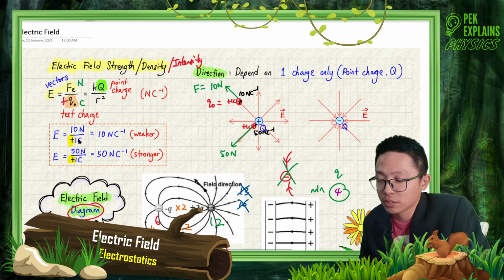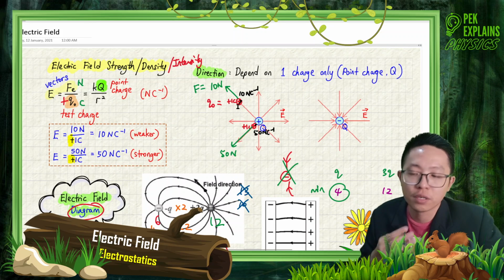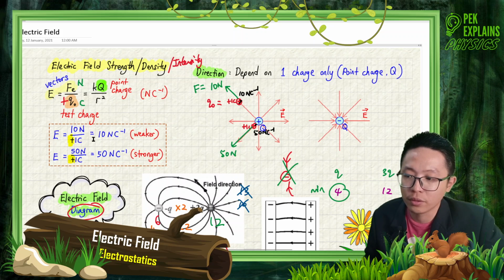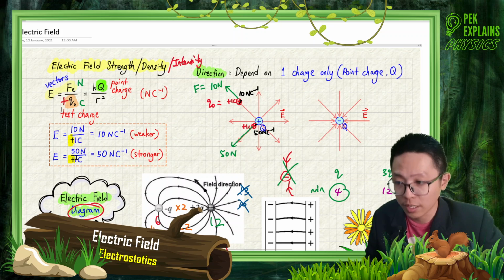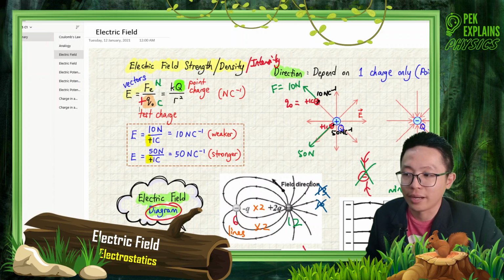Force per unit positive test charge. So we are using positive 1 coulomb. To define the electric field, we're using a positive test charge. So this force is for a positive test charge.